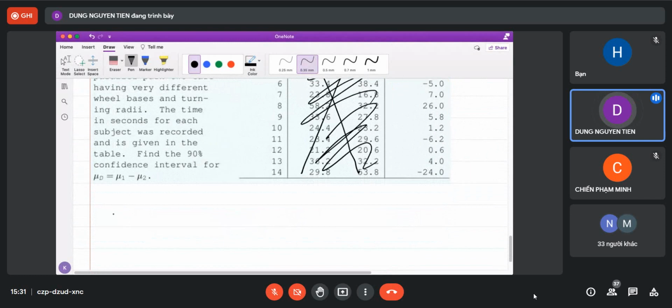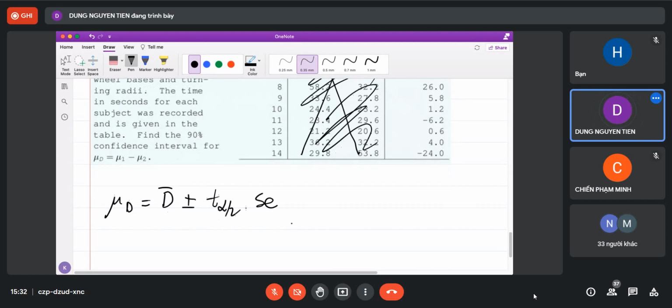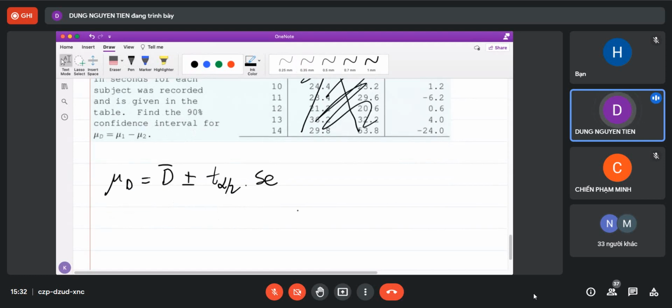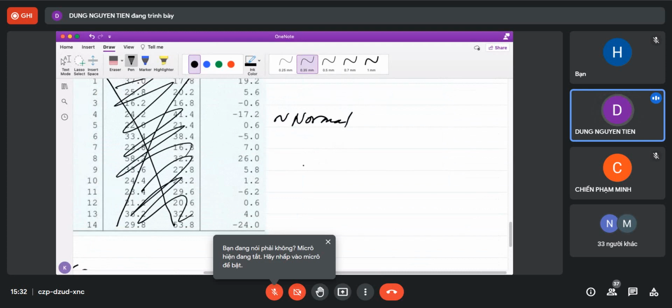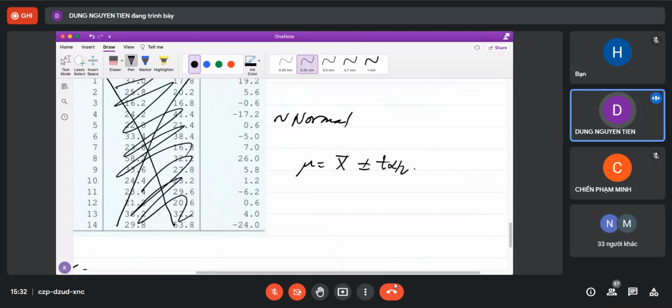So you see that mu_d is simply d bar plus or minus the t value times the standard error. Okay? And what is the standard error? Do you remember? For one sample, what you get is mu equals x bar plus or minus t alpha over 2 times s over the square root of n.